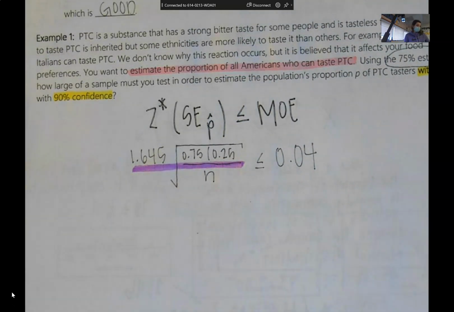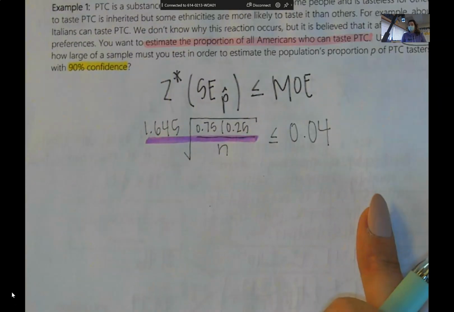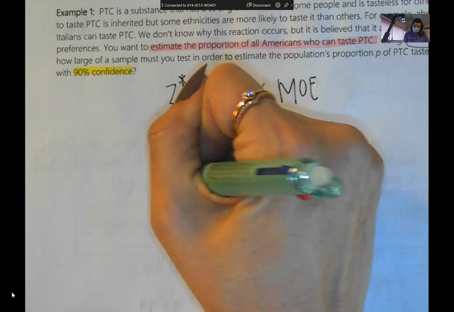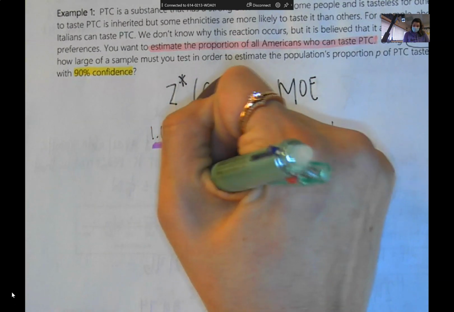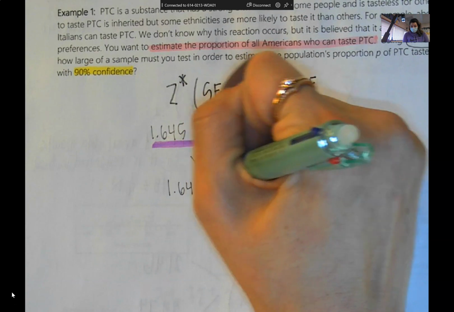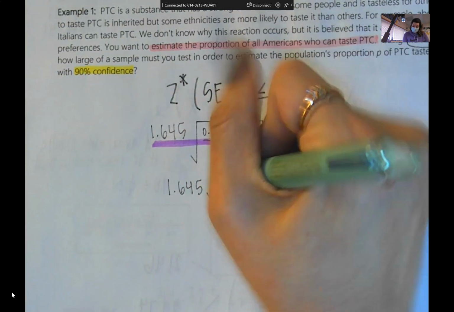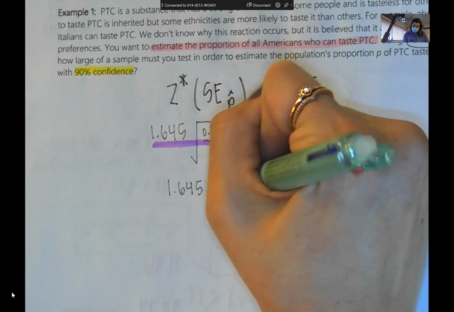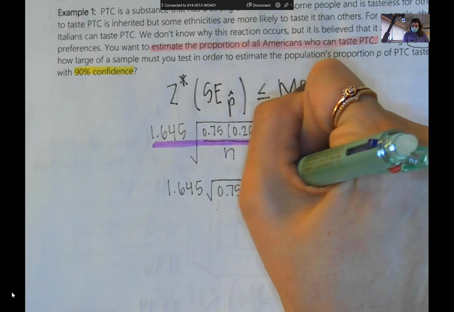So I'm going to split that out. This is the same thing as 1.645 times the root of 0.75 times 0.25.